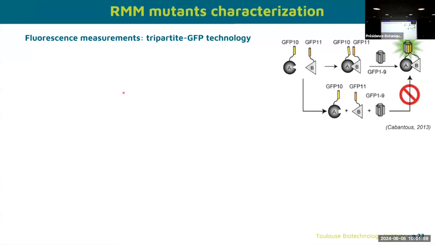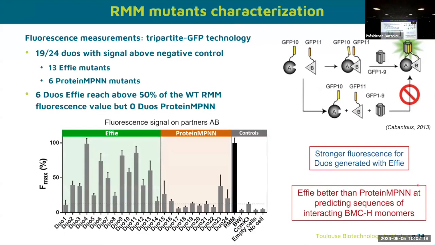After expression in Escherichia coli, we measured the fluorescence, and as you can see here, we have more fluorescence for the EFI designs than for ProteinMPNN. The best design is one from EFI and has as much fluorescence as the wild type control. So EFI also experimentally seems to be better than ProteinMPNN at predicting sequences of interacting monomers.